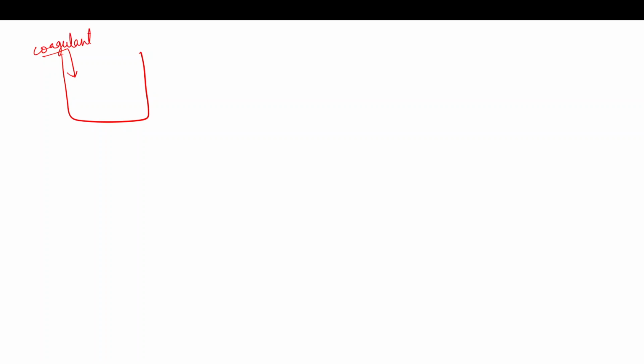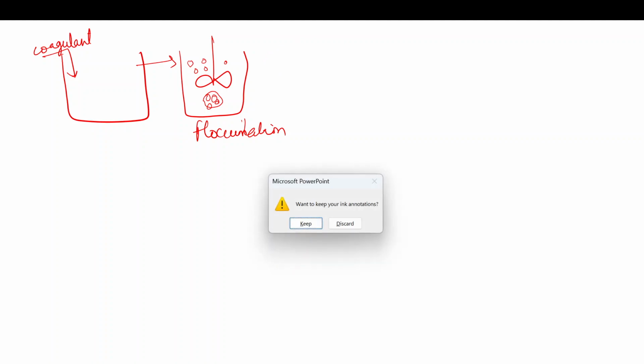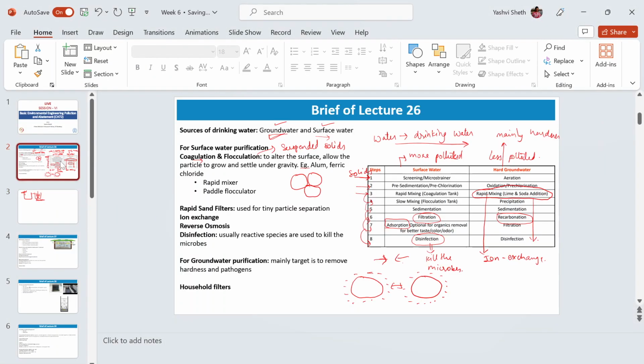You add the coagulant, you mix it, and then you allow it to go to a flocculation chamber or vessel. Flocculation: here you provide some gentle mixing so that the particles come closer and form bigger particles. Now, these particles, if allowed to settle under gravity, will settle further.